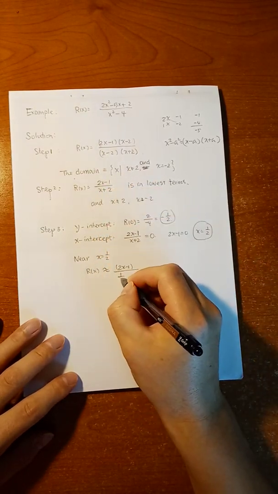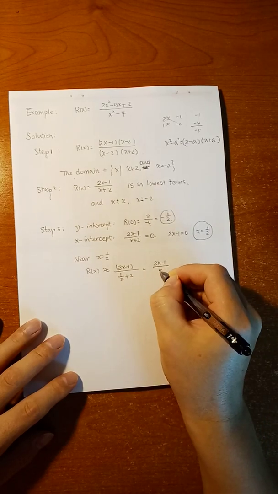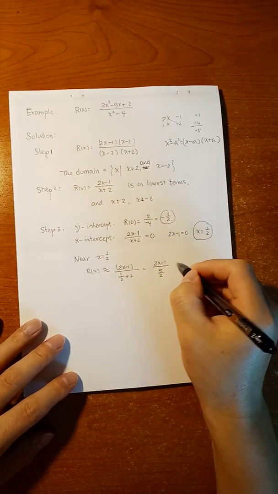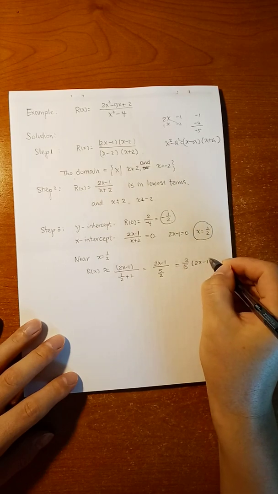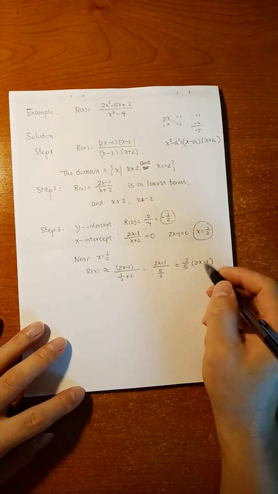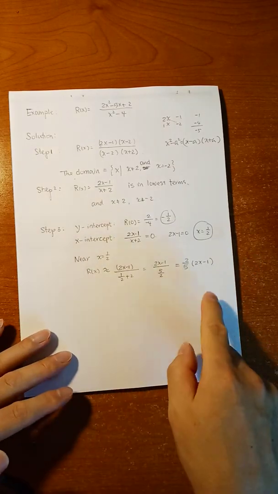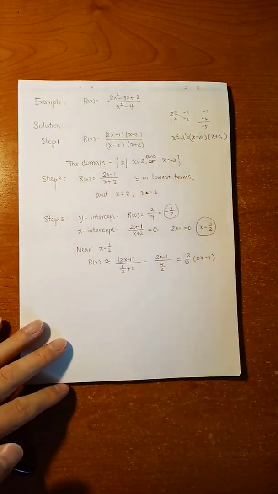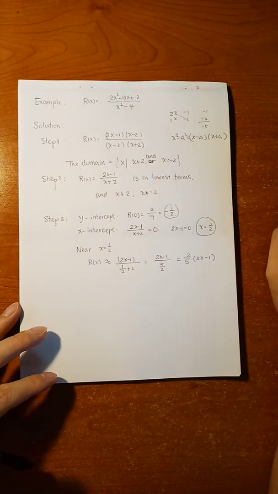So it's 1/2 plus 2. 2x minus 1 over 5/2 is something like this, right? So this is a straight line with a positive slope. So that is the intercepts and the behavior near the x-intercept.